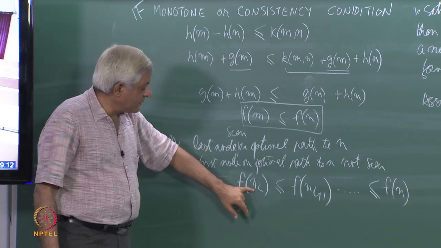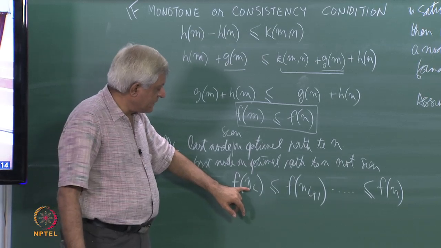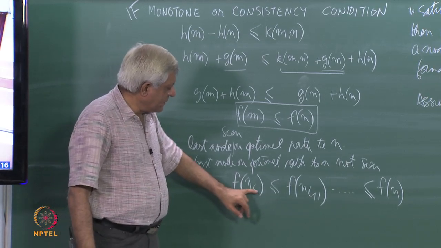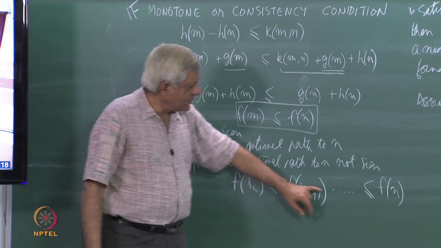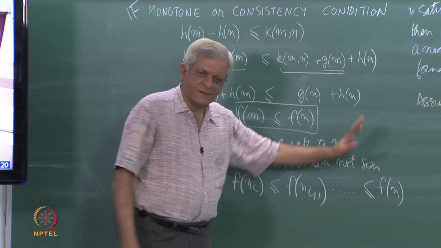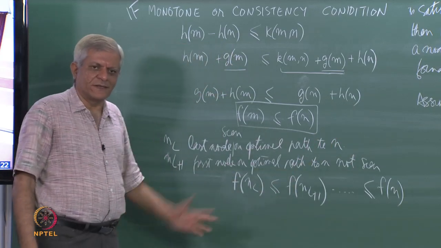So, as you move from this last node n L to n L plus 1 and so on to n, the f value will increase essentially, or at least not decrease.